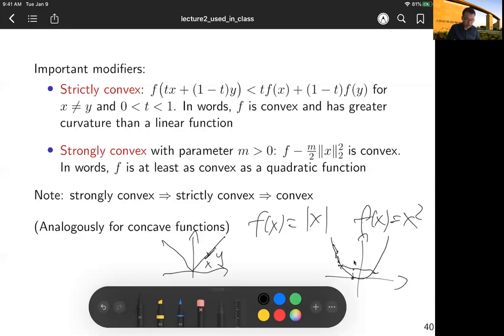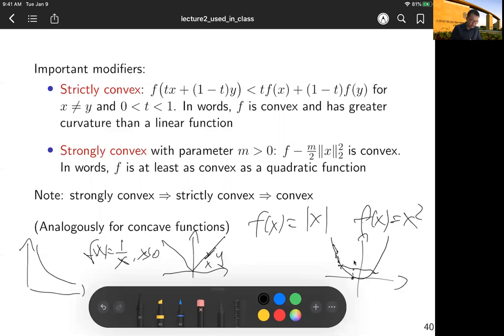So what is a function that's strictly convex but not strongly convex, right? I guess you can maybe think about functions that look like this, right? f(x) equals 1 over x supported on x greater than 0, right?